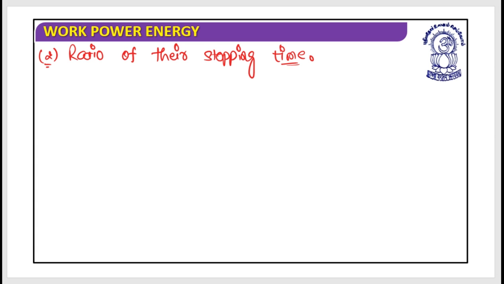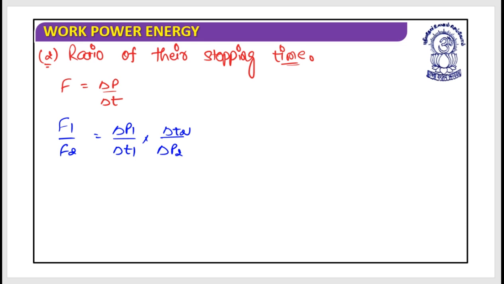So how should I do this? I know that force is equal to delta P by delta T. So let's write down F1 is to F2. That should be delta P1 divided by delta T1 multiplied by delta P2 divided by delta T2.